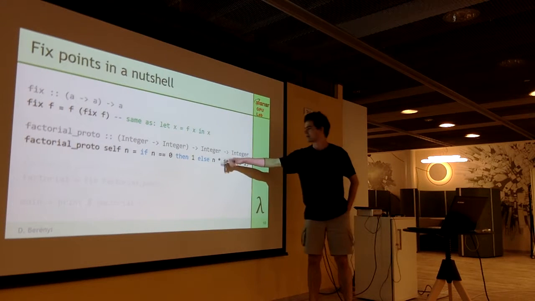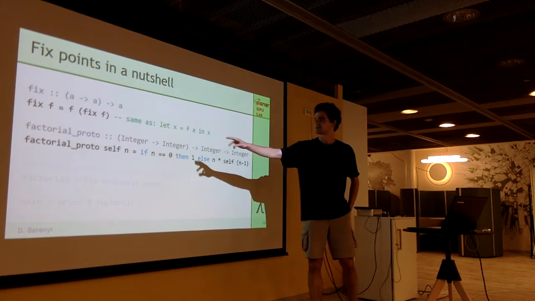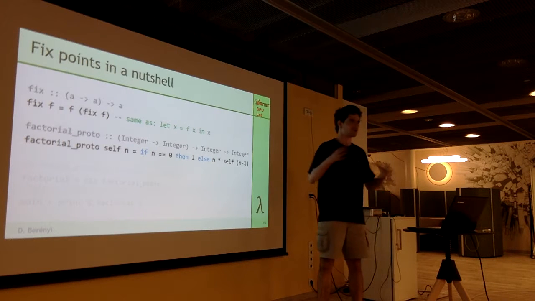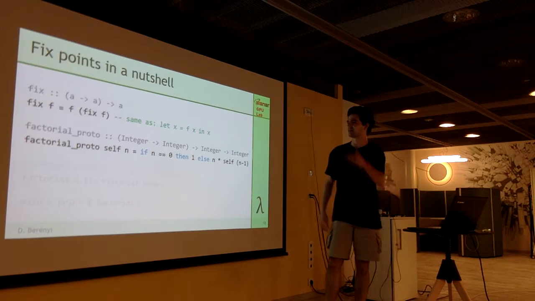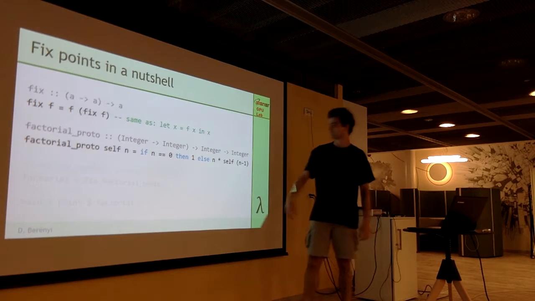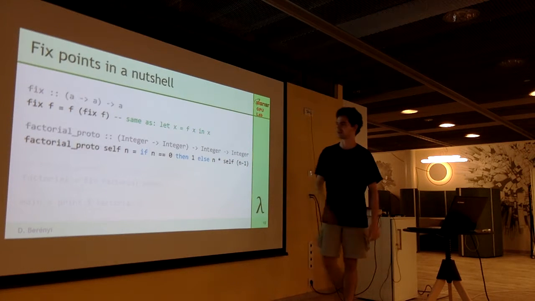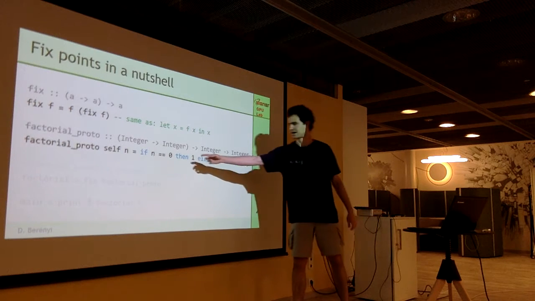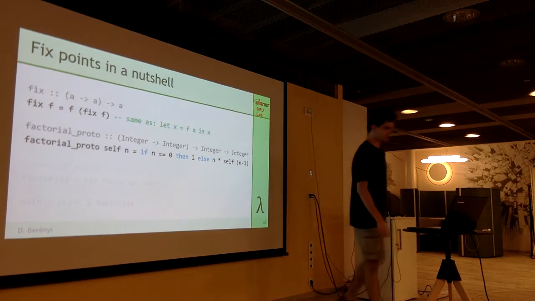So there is one application here, and what it takes as an argument is itself, the recursive argument, and the number to operate on. And of course, if we would just write this part, it would run forever. So we need a condition to exit from it, and this will end the recursion when n decreases to 0.